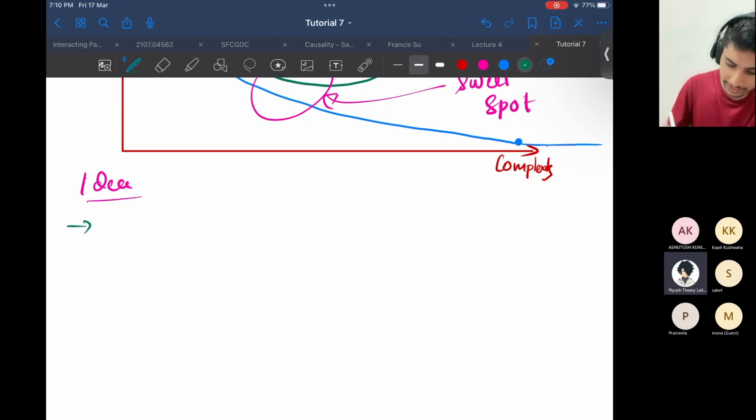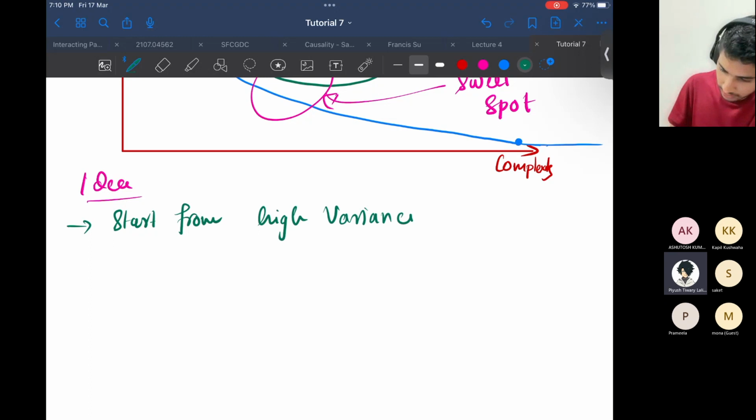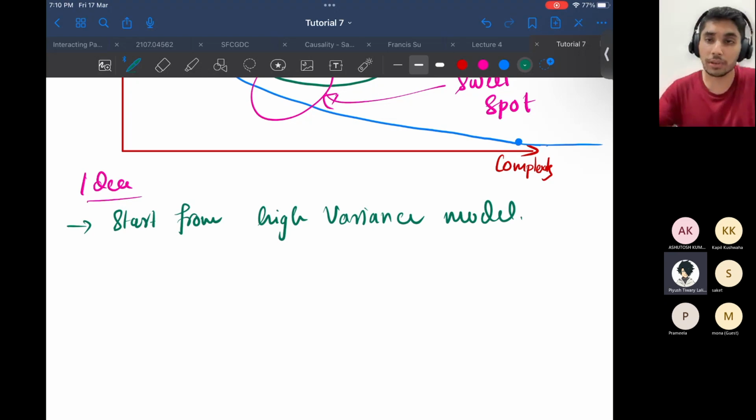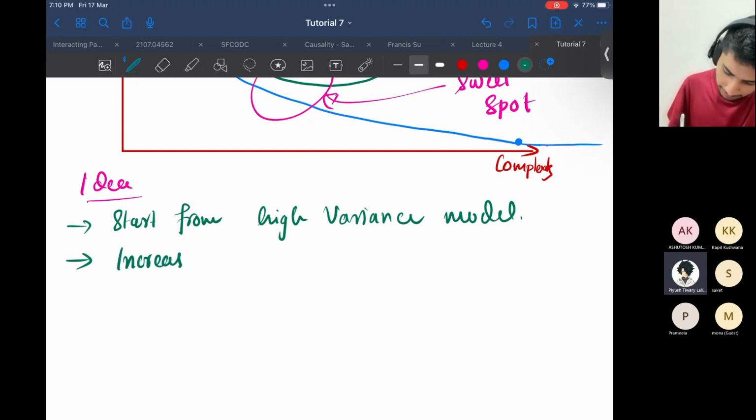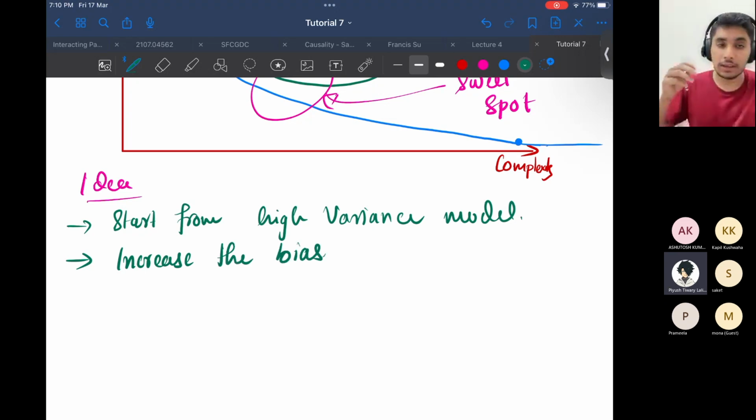The idea is, start from a high variance model. So let's say you start with x raised to 100, a polynomial which has a high degree. Then the second step is to increase the bias.